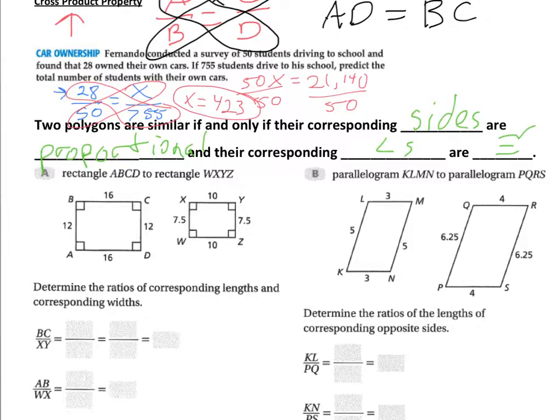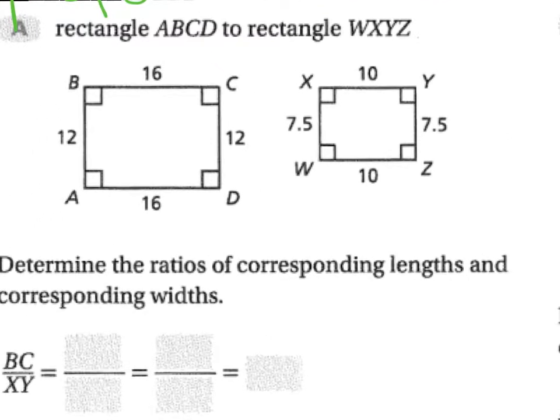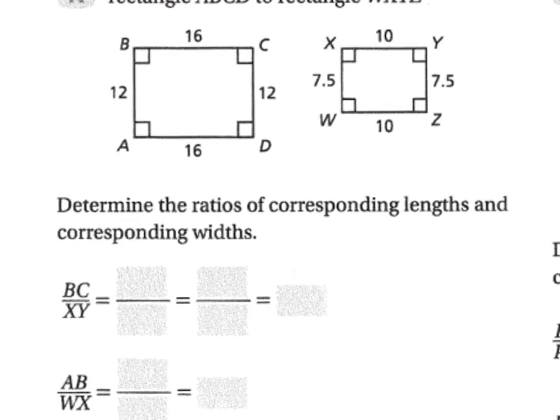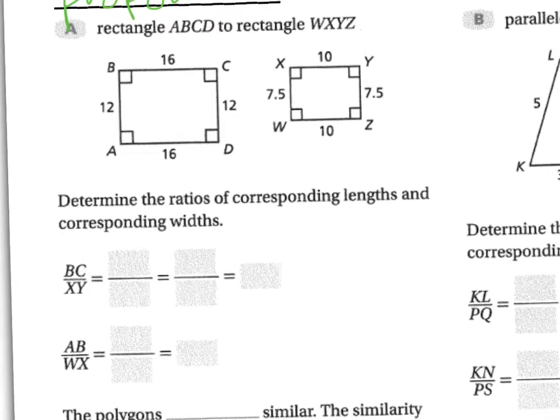So let's look at this example that we have right here. We have rectangle ABCD and rectangle WXYZ. We are determining whether or not they are similar. So we're going to find BC, which is 16, and XY, those are corresponding parts of that polygon. So 16 over 10, simplified to 8 over 5.